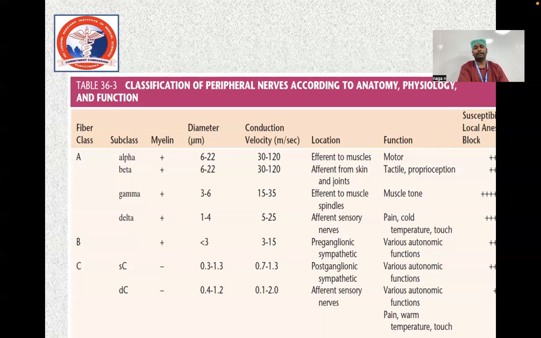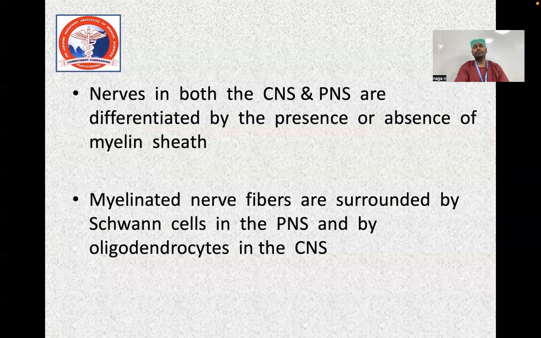B fibers are mainly located in preganglionic sympathetic areas and organize the various autonomic functions. C fibers are also useful in various autonomic functions. They are mainly placed in postganglionic sympathetic fibers and afferent sensory fibers. Nerves in both the CNS and PNS are differentiated by the presence or absence of myelin sheath.